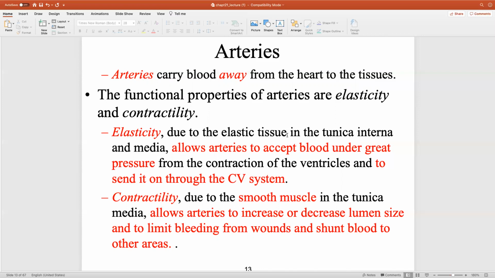And as it stretches, it's going to act as a secondary pump and send that blood through the cardiovascular system, giving you more of a forward thrust, right? Contractility, due to the smooth muscle in the tunica media, allows arteries to vasodilate or vasoconstrict.